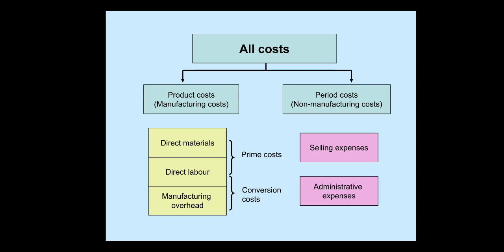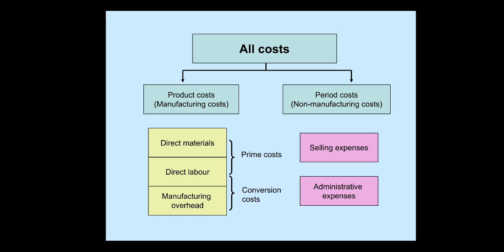Why are these costs called period costs? Because most of the time you have to pay them periodically, every month, every year, every 6 months maybe. So for the salary for the manager, you have to pay them every month. The depreciation of office personal computers, you have to calculate the depreciation every year.